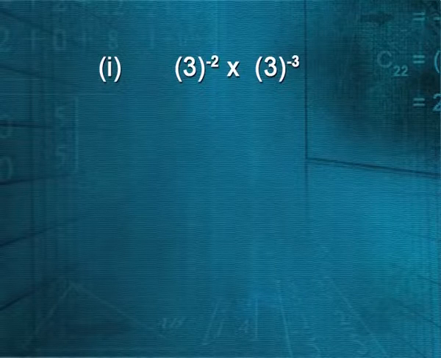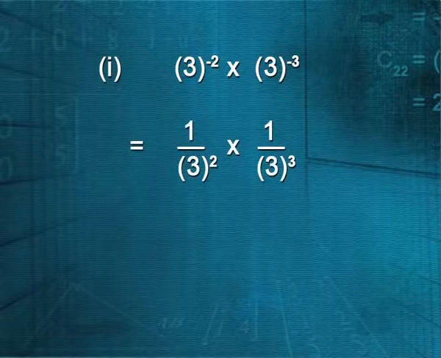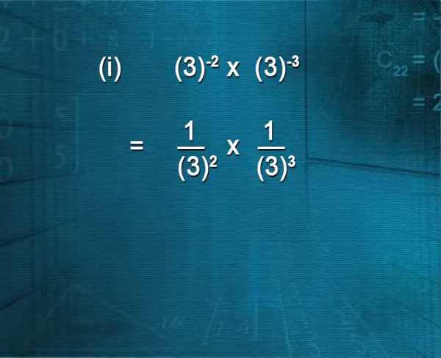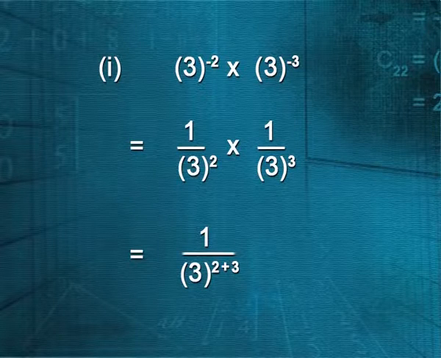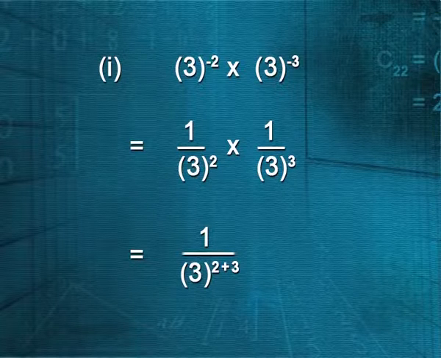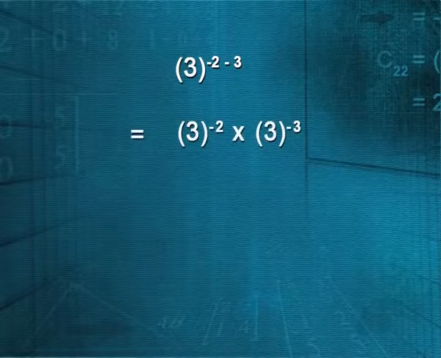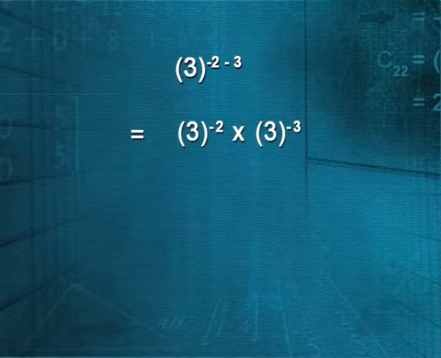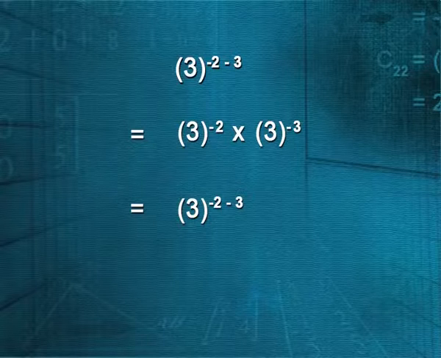3 raised to power minus 2 can be written as 1 by 3 square, and 3 raised to power minus 3 can be written as 1 by 3 cube. So, this expression is equal to 1 by 3 square multiplied by 1 by 3 cube, which is equal to 1 upon 3 raised to power 2 plus 3, or in the numerator you can write 3 raised to power minus 2 minus 3, which is equal to 3 raised to power minus 2 multiplied by 3 raised to power minus 3, which is equal to 3 raised to power minus 2 minus 3.